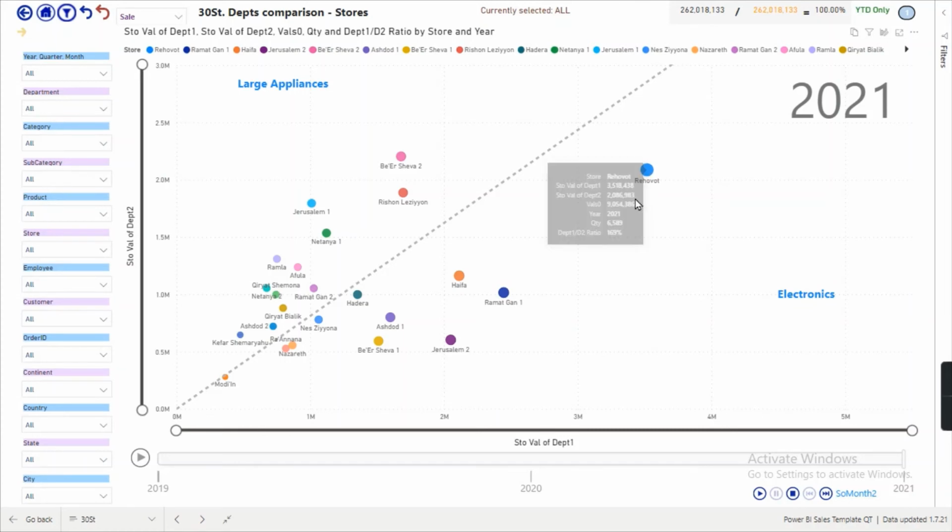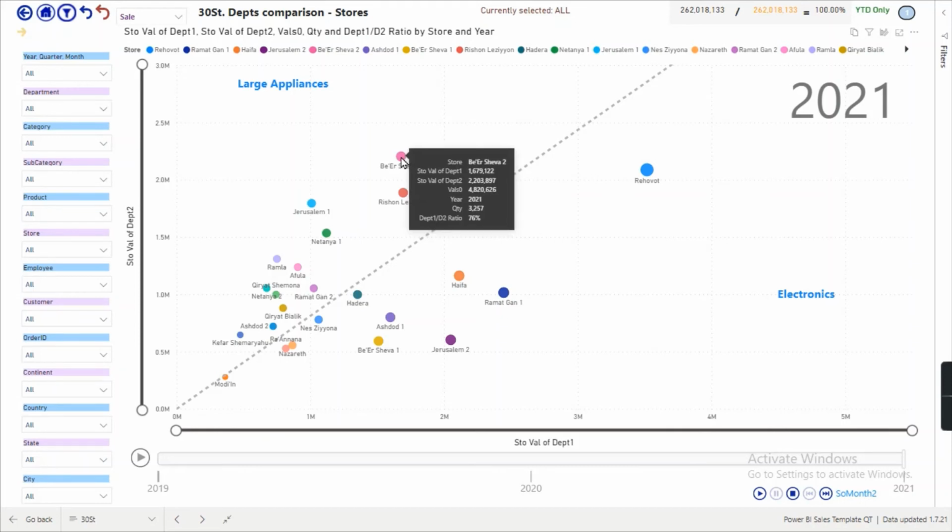For example, Rehovot has 169% more electronics, 1.5 times more than large appliances. On the contrary, Beersheba 2 and Rishon LeZion have more large appliances, department 2. So we see 2 sets of stores.